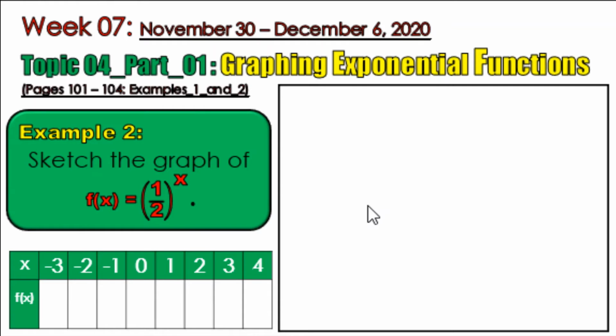For this particular example, your b is between 0 and 1. So in our example, our b is 1/2. We'll be solving for f of x given the integer values of x from negative 3 to positive 4.